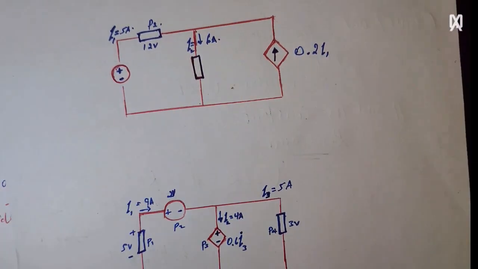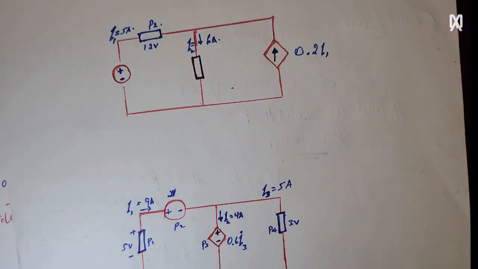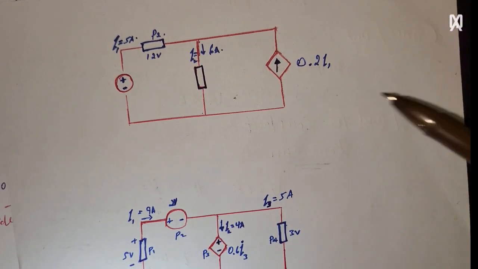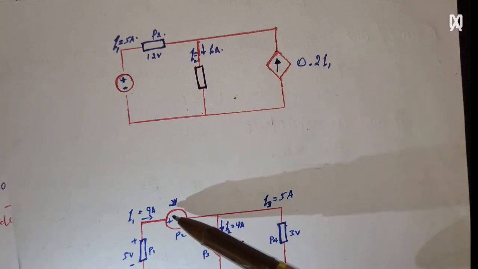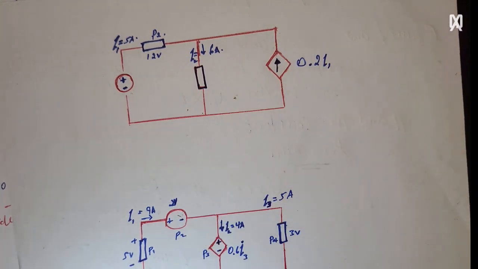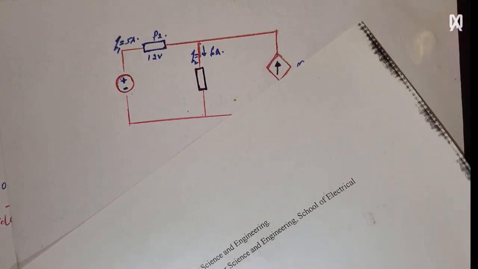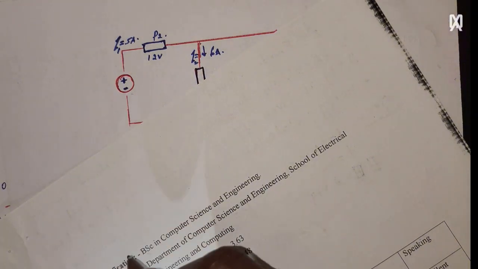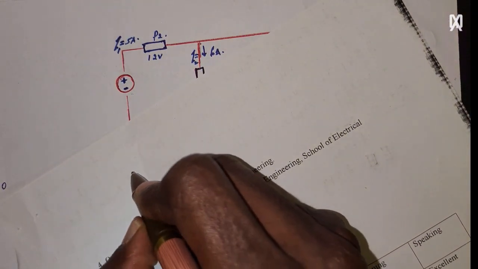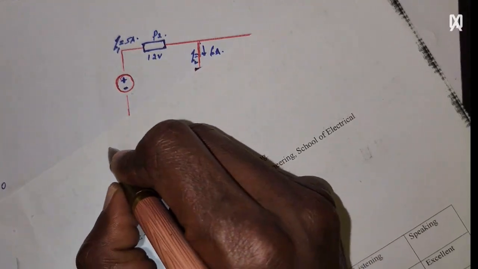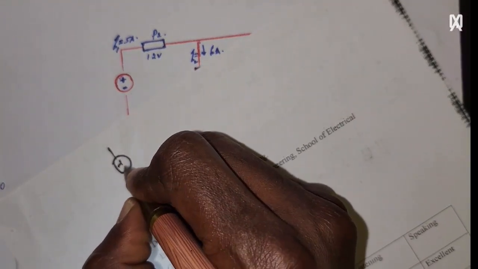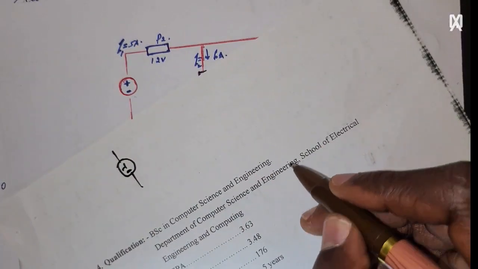Most of the time, these are independent sources, and independent ones are depicted circularly.